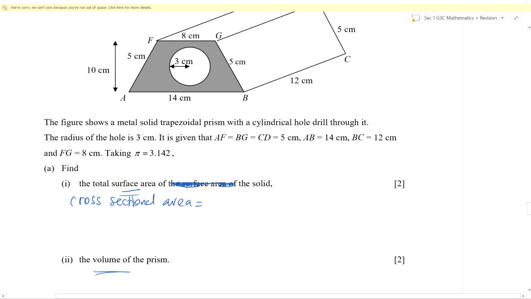Give me statements so that I know what you're calculating. If it is just numbers added and multiplied together, I will not understand. The marker, who may not be me, may not understand what you're doing and you may be penalized. To get the shaded area, we need the area for 2 shapes. Which shapes do we require?